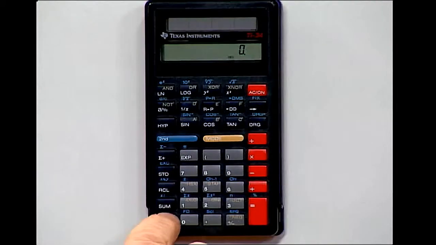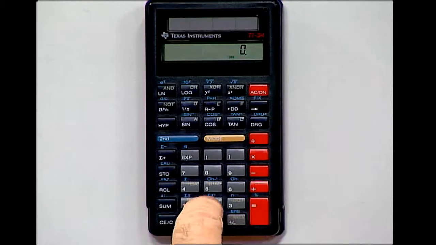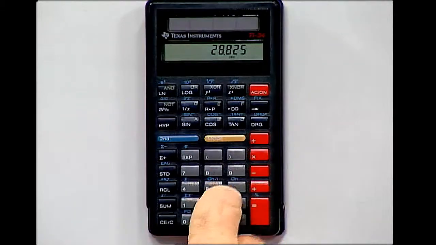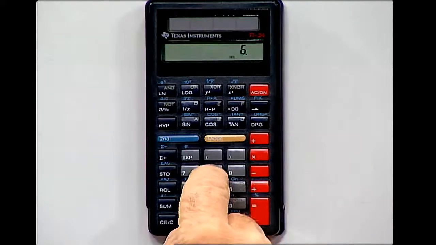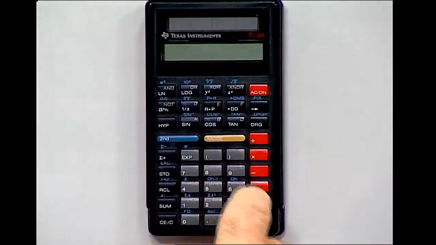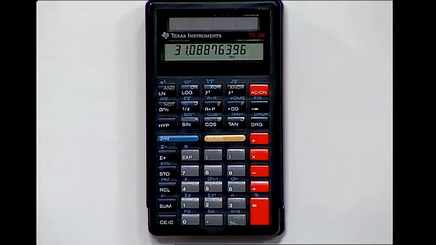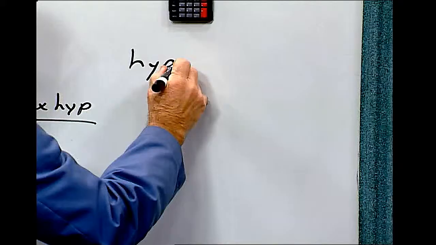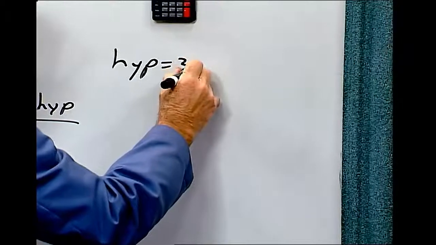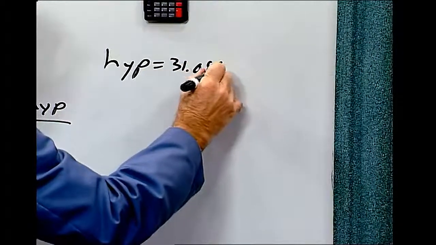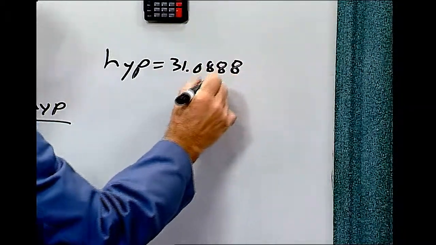Let's clear the calculator. So 28.825 divided by 68 sine equals, and the answer is the hypotenuse equals 31.0888.